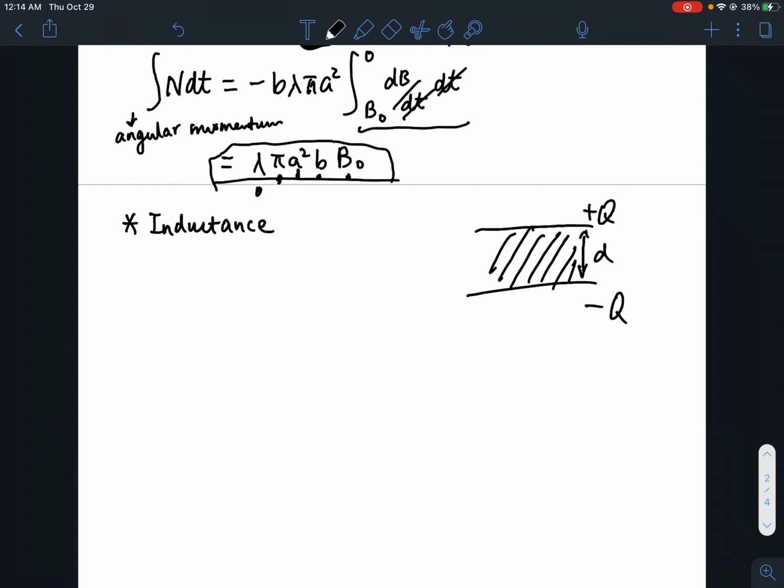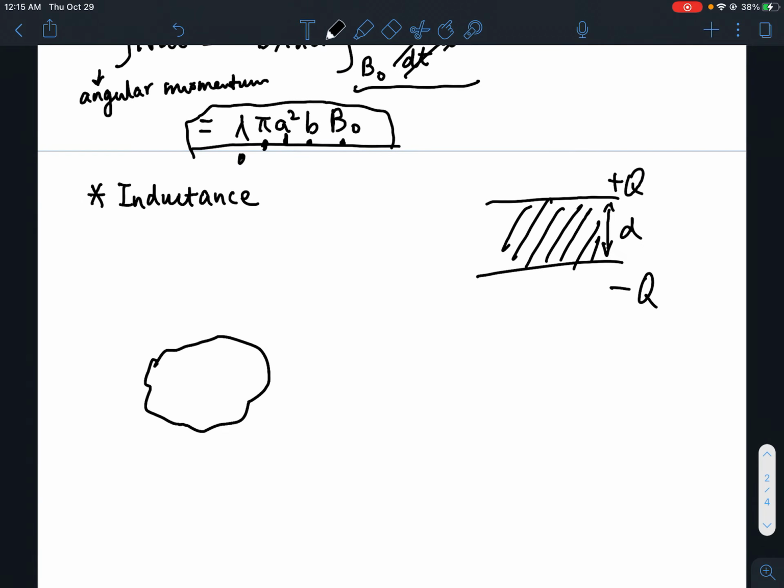Now there is a very similar concept in magnetostatics. That is the inductance. So let us say I have two loops. This is my loop 1, and then I have another loop, that is loop 2.